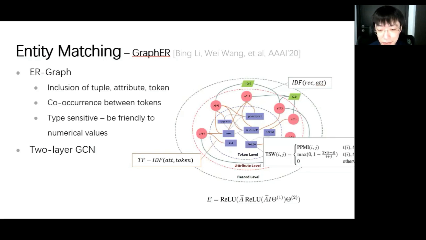This step is to mimic the behavior of the conventional skip-gram model. The edge weight between co-occurring tokens is assigned depending on their data types, for example, whether they are textual or numerical. Then we apply a two-layer GCN to get the embeddings.